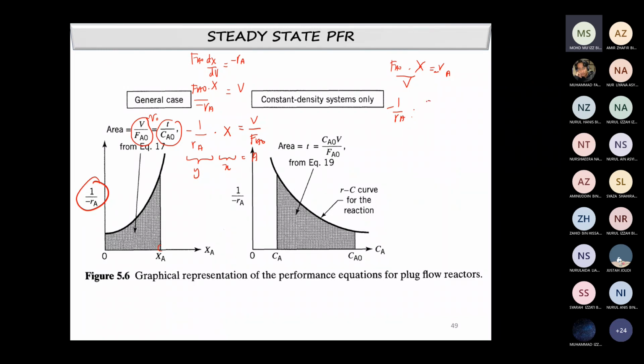X is CA0 minus CA over CA0. Okay, and then this one is V over FA0. So we can make it negative 1 over rA. Okay, this is for Y, and then CA0 minus CA, this is the X. The remaining one we just raise up to the top, so it will become CA0 V over FA0. Okay, so this would be the area.